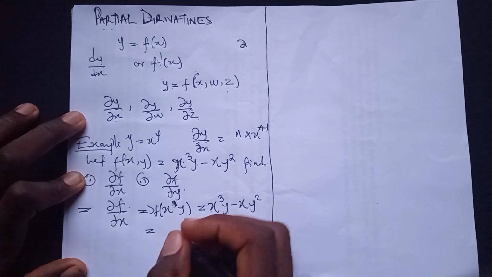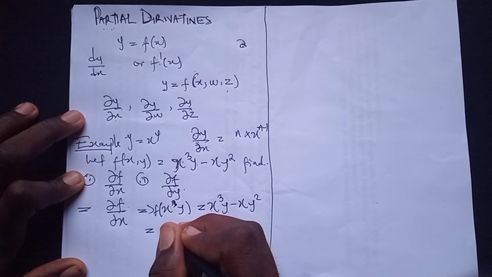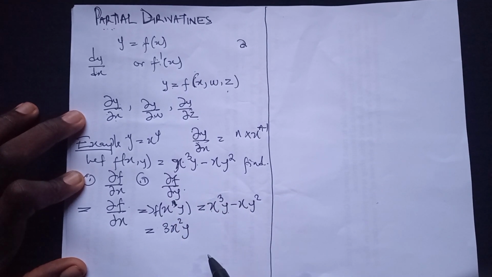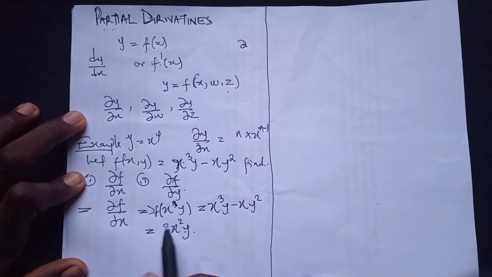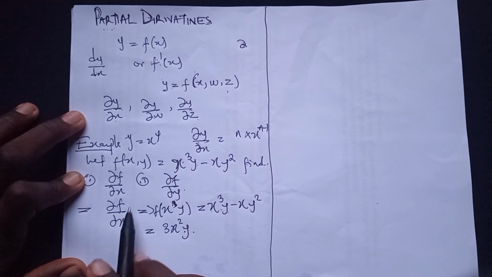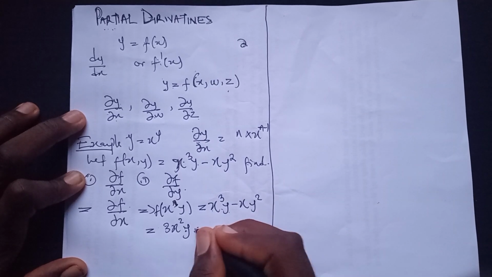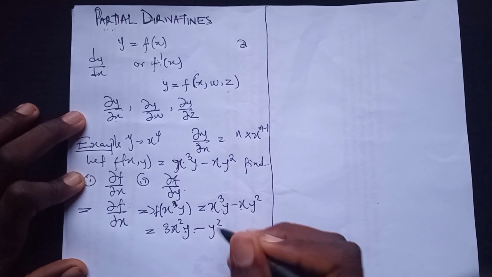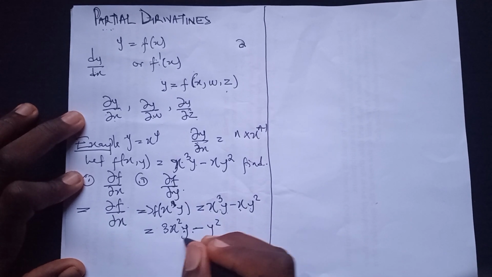So differentiate x, you have 3x squared y. We are leaving y as constant. We are differentiating only x, with respect to x, leaving y as constant. Now this other one, if you differentiate this, you have y squared, because if you differentiate x, you have 1. So 1 times y squared is still y squared. So this is for this.